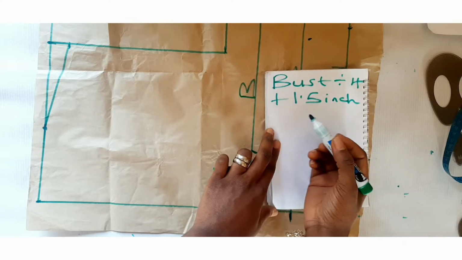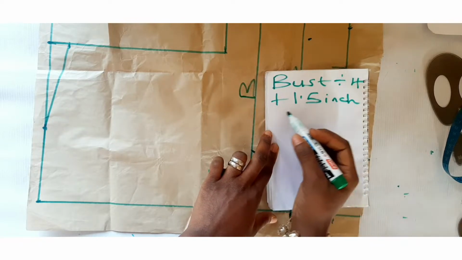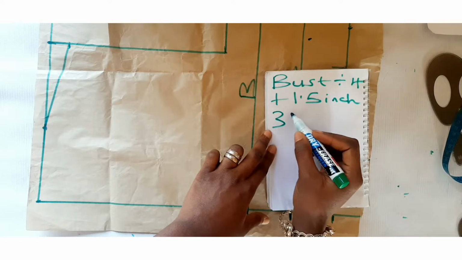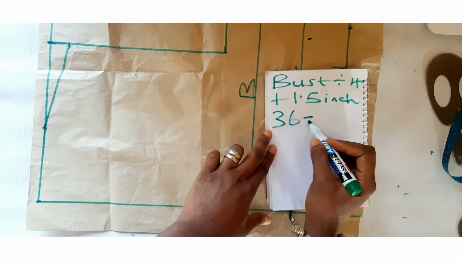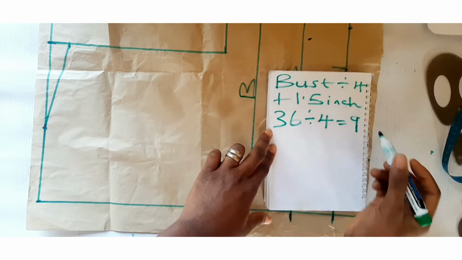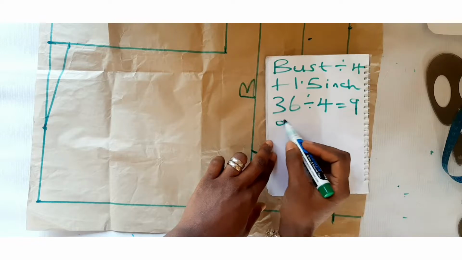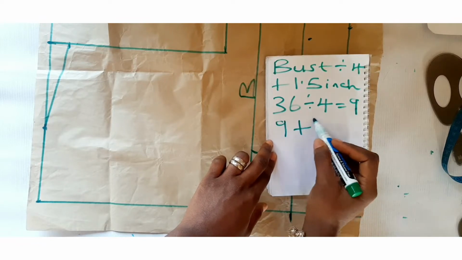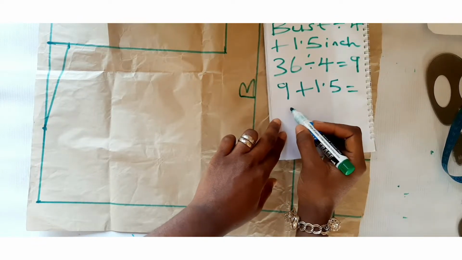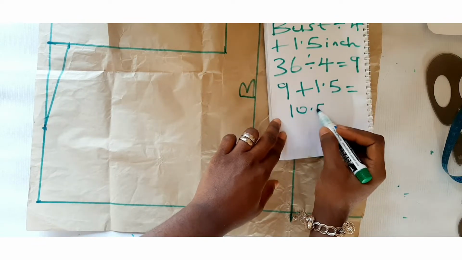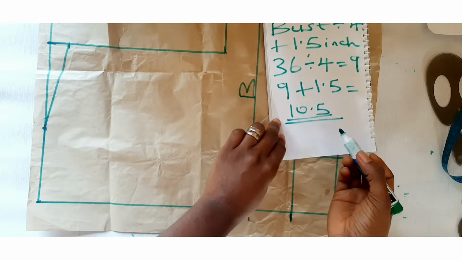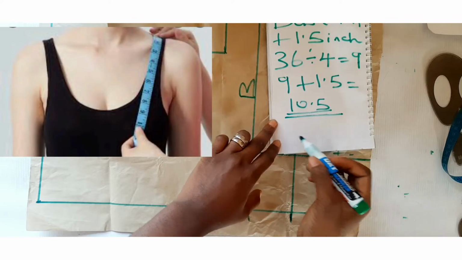If the bust measurement you're working with is 36, you're going to divide it by 4, and it will give you 9. To this 9, you're going to add 1.5, and it gives you 10.5. That is 10.5 to get your shoulder to bust point.